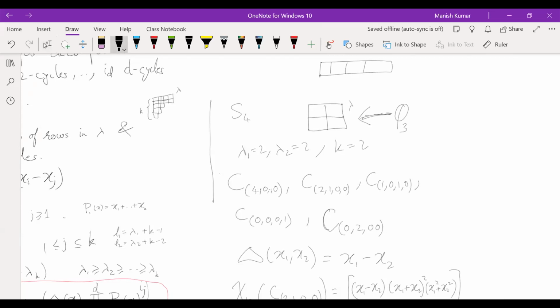This is the trivial representation, phi1, and this we know is phi2, and phi3 I think is this. And then you tensor it with the alternating representation, which switches. So hopefully it's this. Okay, so phi4 is this.